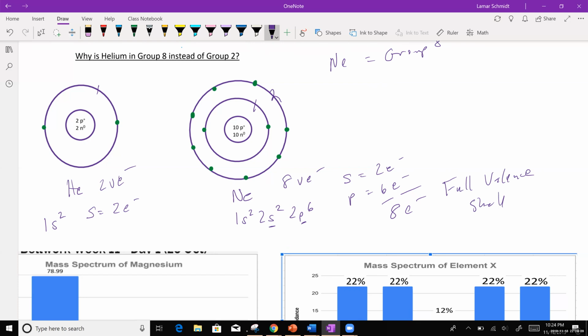But so does helium, because it has the s and does not have a p, but s can only hold 2 electrons, so it too has a full valence shell. Because they both have a full valence shell, they react alike. And that's why they are in the same group. Okay.